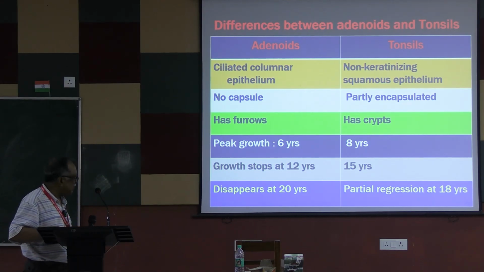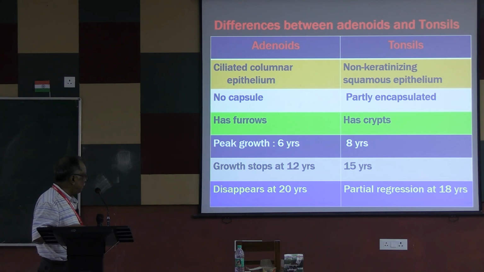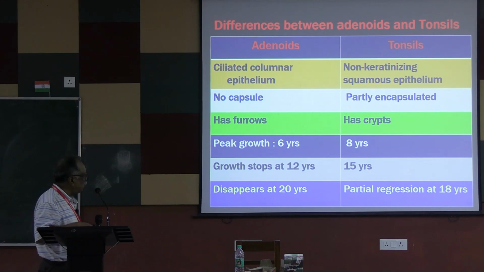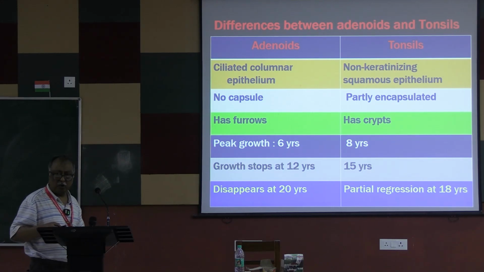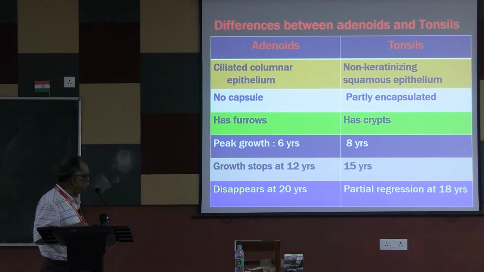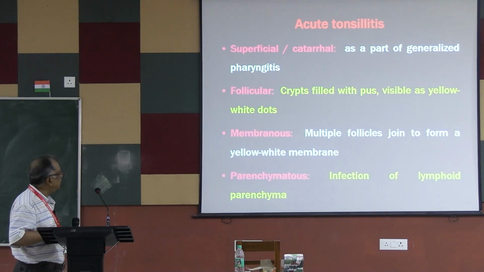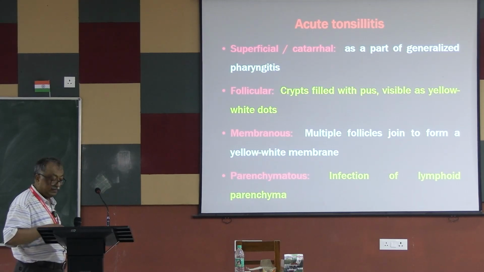Sometimes after 20 years we have seen adenoid, with partial regression at 18 years, and also due to some fibrosis or chronic tonsillitis, the adult also has an enlarged tonsil. That is acute tonsillitis or catarrhal tonsillitis, and it is generalized as it is a part of the pharyngitis.